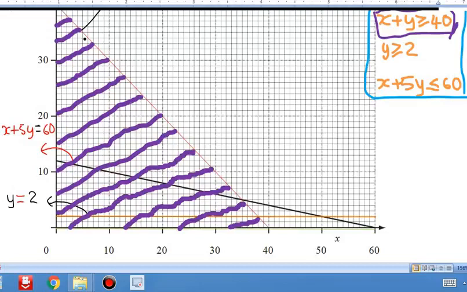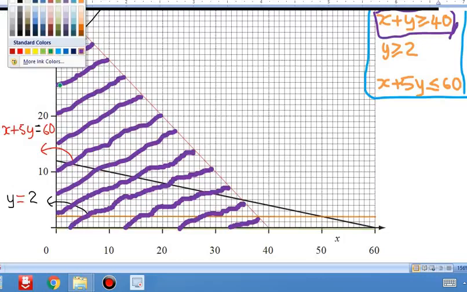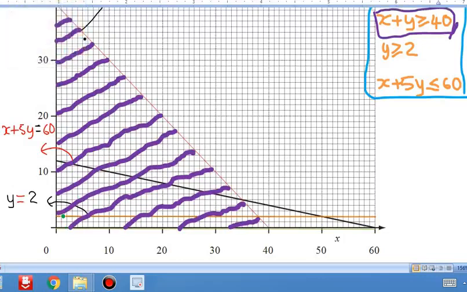Now we shall shade the unwanted region for the inequality y is greater than or equal to 2. So let's do it.